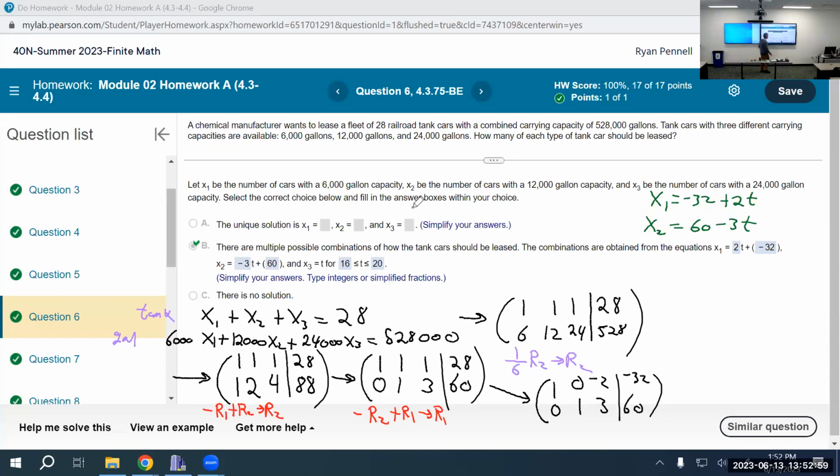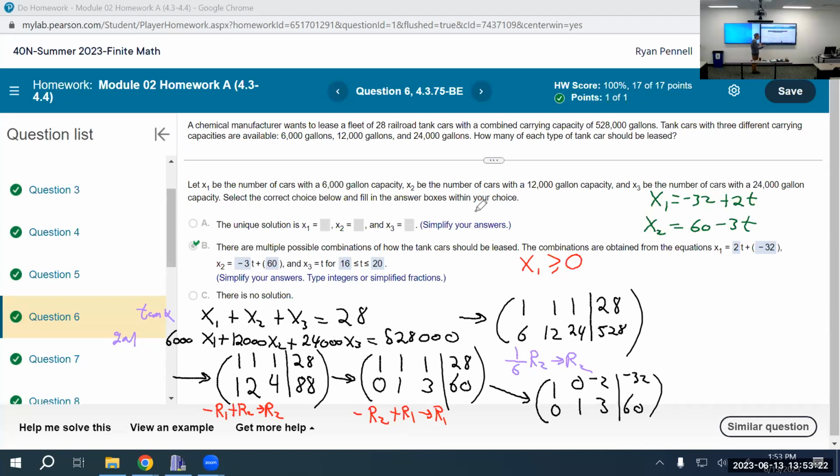So I had to set these greater than or equal to 0. Let's go to red. X1 has to be greater than or equal to 0.